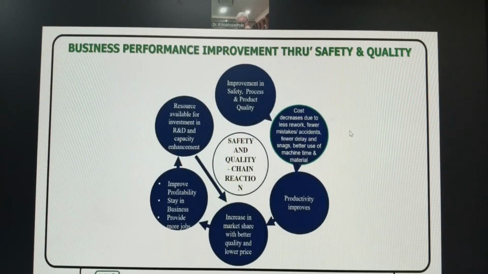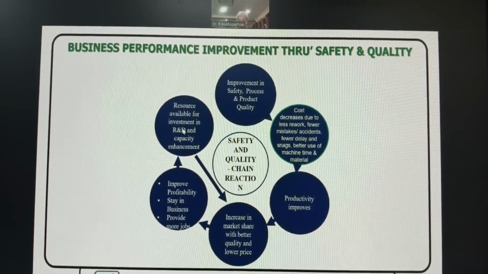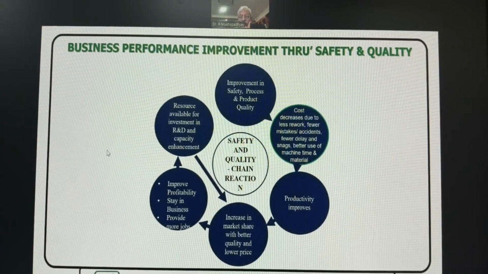So if you improve the quality, it is very clear: you consider all the cost decreases due to less rework, fewer mistakes, fewer accidents, the productivity improves, increase in market share, improved profitability. Then resources are available, you can go for R&D and new development and so on, investment. So this is called the safety and quality chain reaction.